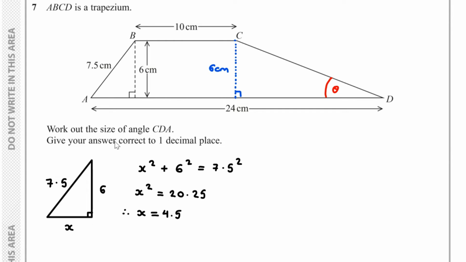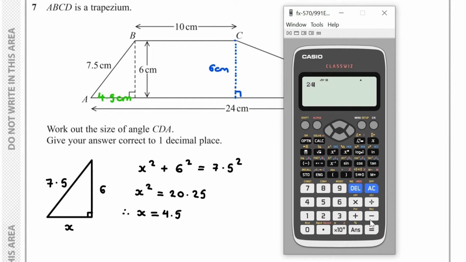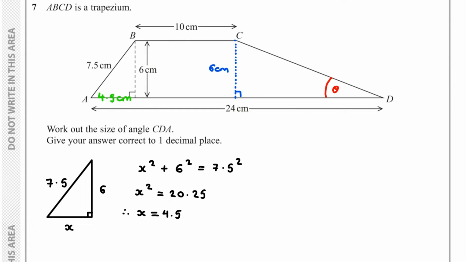Let's add this to the diagram. For this length, it's equal to 24, which is the entire length, take away the 4.5, take away the 10 centimeters. So here we get 9.5 centimeters. Let's draw a triangle to help us find out what this angle theta is.